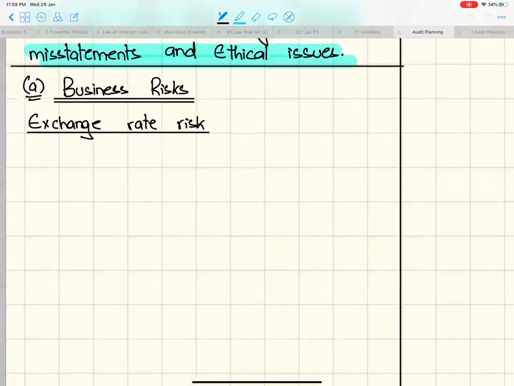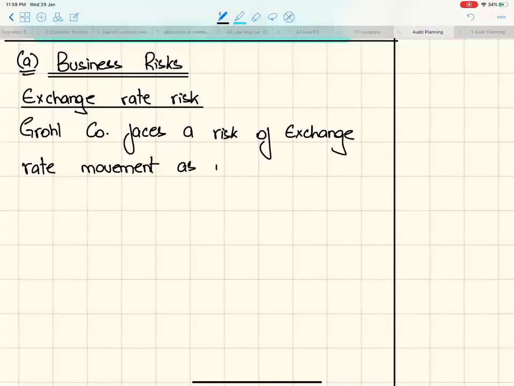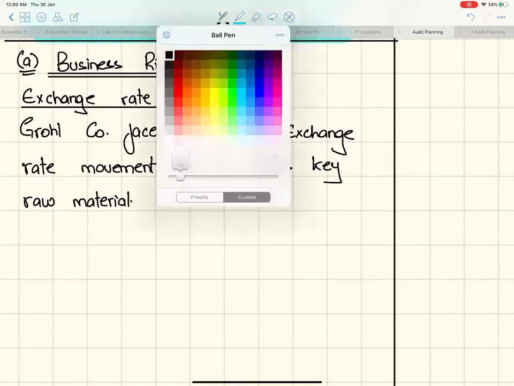Grohol Company faces a risk of exchange rate movement as it imports key raw material. So now this is the identification part. Now what will be the impact of this risk?